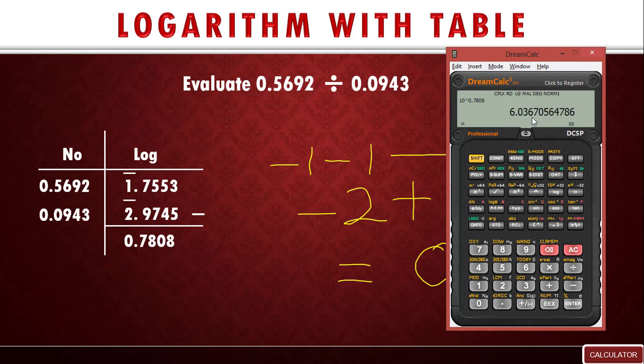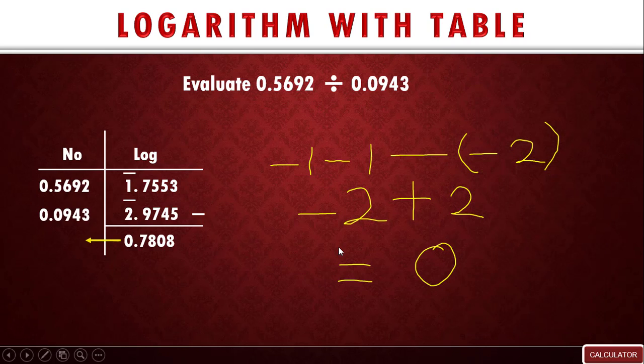6.03. So if we approximate, because at the antilog level we need to have 4 digits, that means we have 6.03, then if you approximate this 7 to the 6, we have 7 here, so we have 6.037.